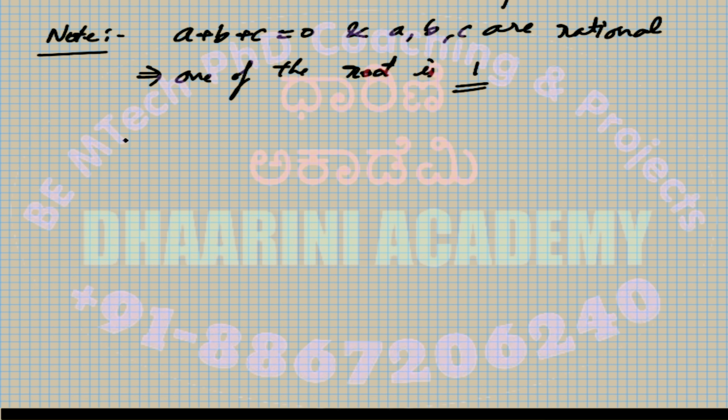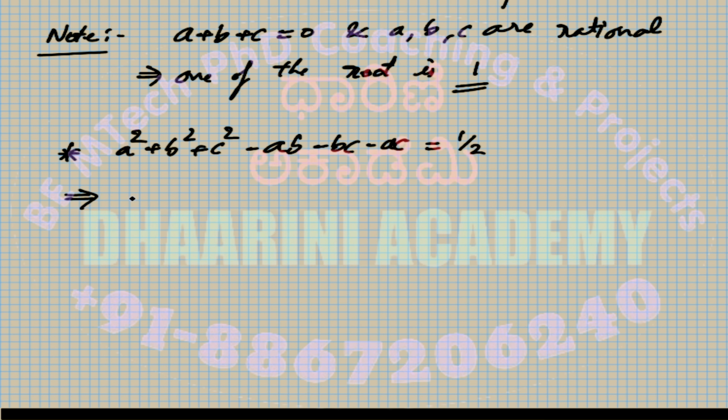In the same note, we have another point to make. If we observe that a square plus b square plus c square minus ab minus bc minus ac is half, then one more condition gets satisfied automatically, by virtue of the equation.